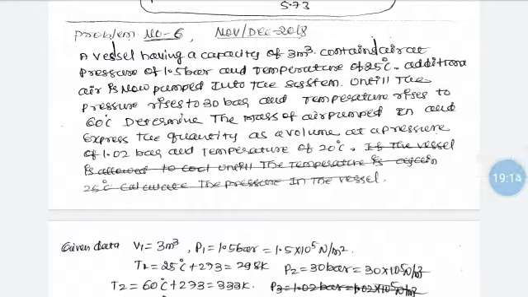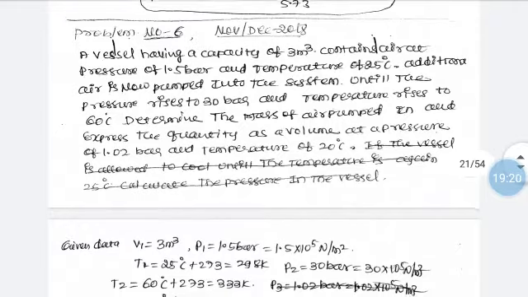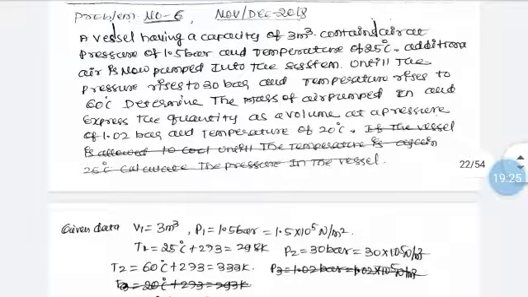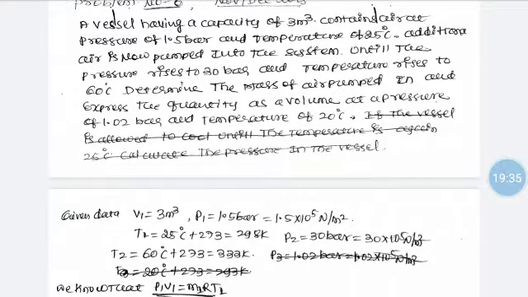Additional air is now pumped into the system. So we are pumping some amount of additional air into the system until the pressure rises to 30 bar, that is P2 is equal to 30 bar. We can convert P2 as 30 into 10 raised to 5. And the temperature rises to T2 equal to 60 degrees Celsius, which we convert by adding 273 to 60, giving 333 Kelvin.